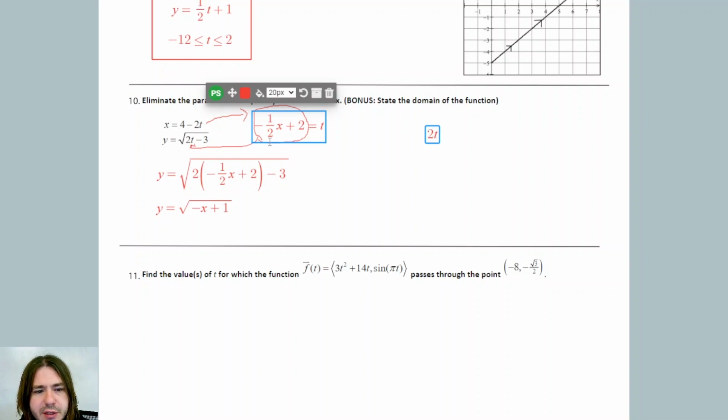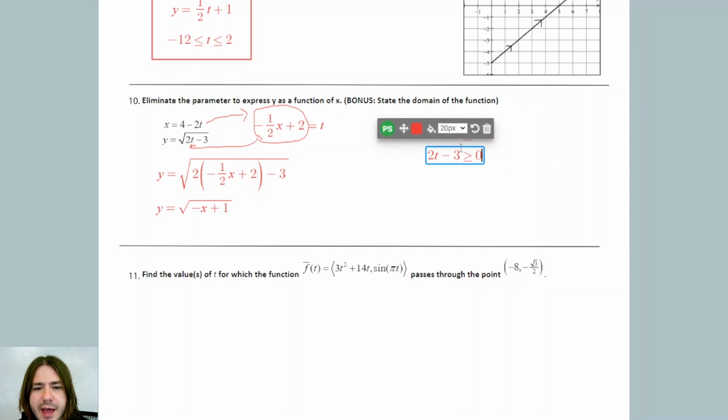So we're going to say that 2t minus 3 has got to be greater than or equal to 0. So if I solve this for t and add 3 to both sides, and then divide both sides by 2, I get t is greater than or equal to 3/2.